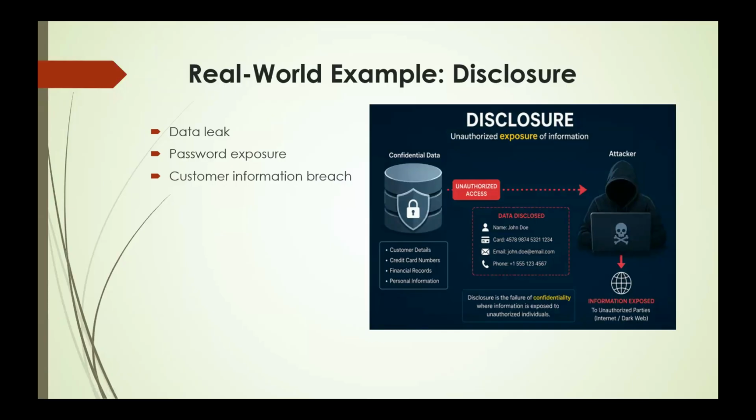This is exactly the disclosure in DAD representation. So here on the card, whatever information you are seeing has been accessed by the attacker without authorization, and a confidential data breach has happened with the customer details, credit card numbers, financial records, and personal information. So here the data has been disclosed.